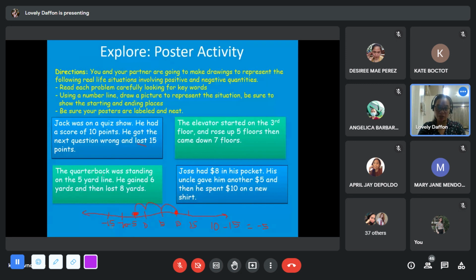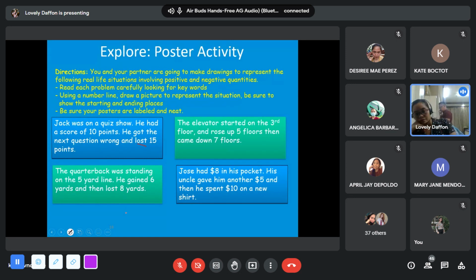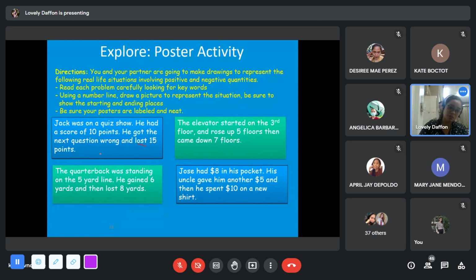What would be the numerical equation on this? 5-yard line, gained 6 yards, lost 8 yards. It is 5 plus 6 minus 8, equals n.